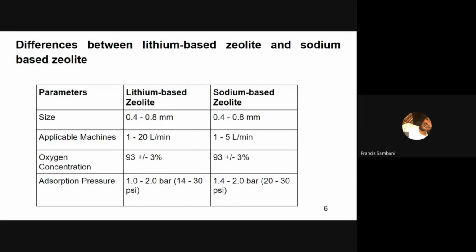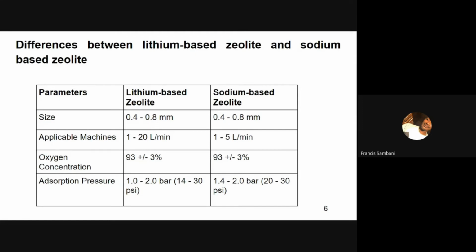So in terms of oxygen concentration, what you can get when you try to use these two types of zeolites, the lithium-based and sodium-based, in both you can get up to 93 plus or minus 3%. So that is a maximum of 95.6% of oxygen purity. And in terms of the last parameter, that being the adsorption pressure, they have differing adsorption pressures or minimum adsorption pressures.